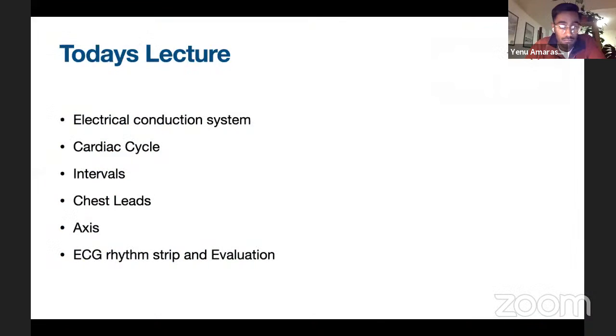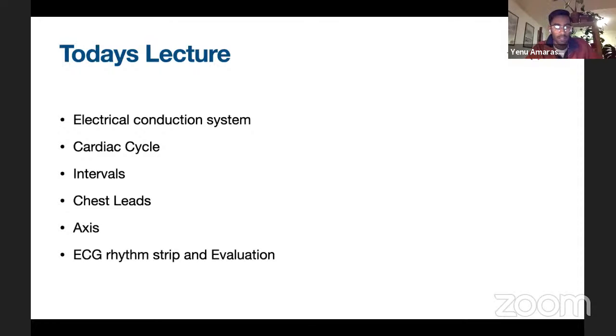So in terms of today's lecture, I will talk about the conduction system, and the cardiac cycle, the intervals that you have in the ECGs, some practical aspects in terms of the placements of the ECG, and then the axis. And then at the end, I will just talk about some examples, and I hope we can all go through them.